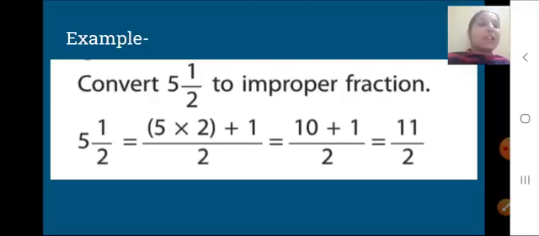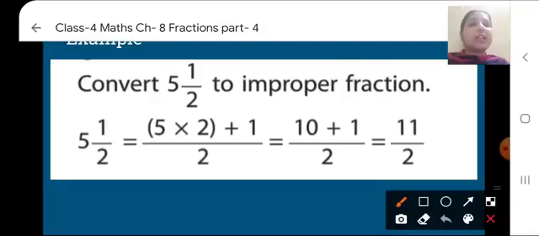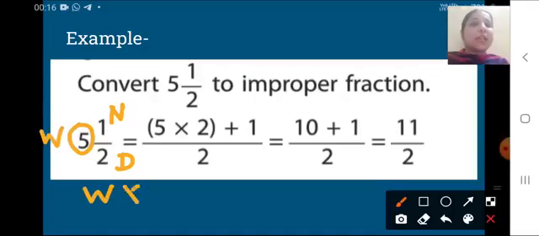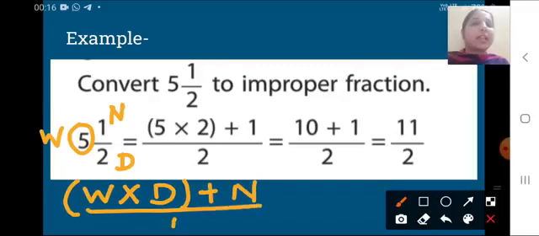This is the whole number, and 1 is the numerator here and 2 is the denominator. First we will multiply the whole number by the denominator, and then we will add the numerator to it, and then divide it by the denominator.